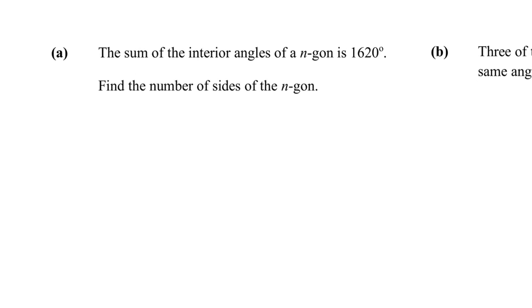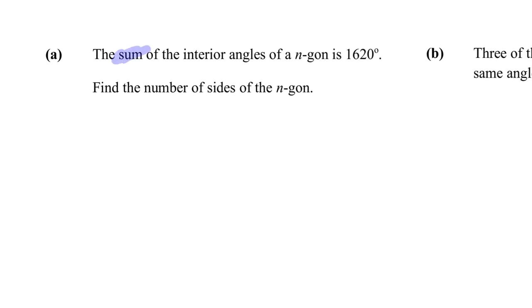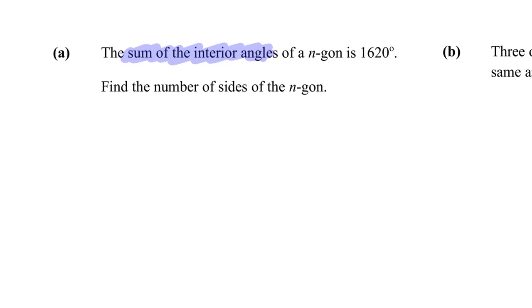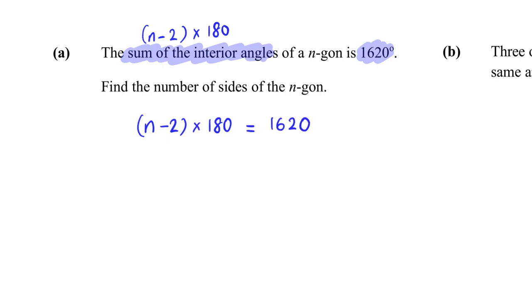Okay, the first thing to take note is that for the sum of interior angles, there's a formula, isn't it? And the formula would be (n minus 2) times 180. And they tell me that this is equal to 1620. So quite simply, by applying this formula and equating them to 1620, I can see that I will be able to solve it.